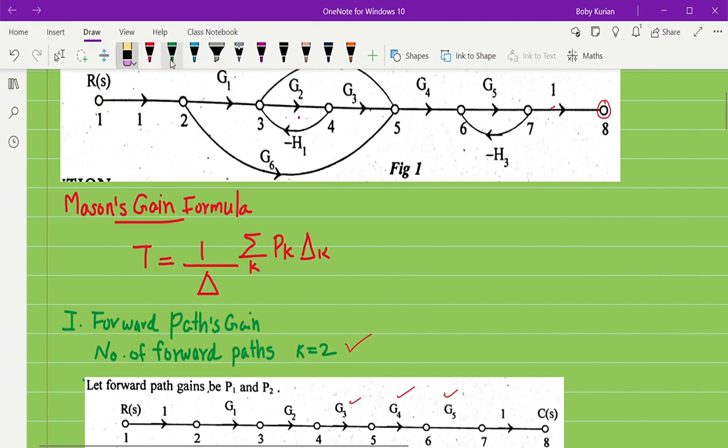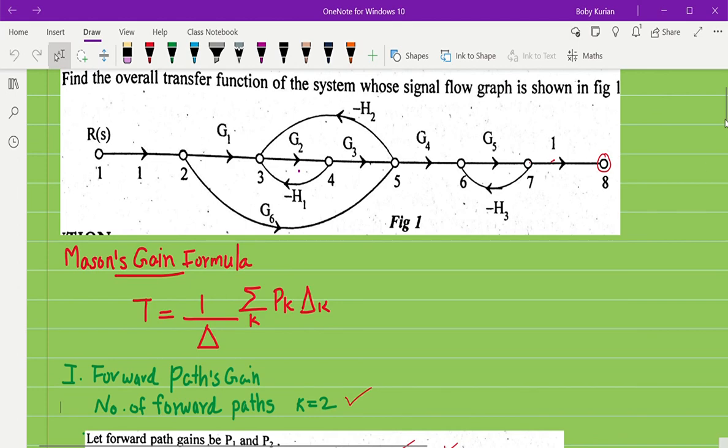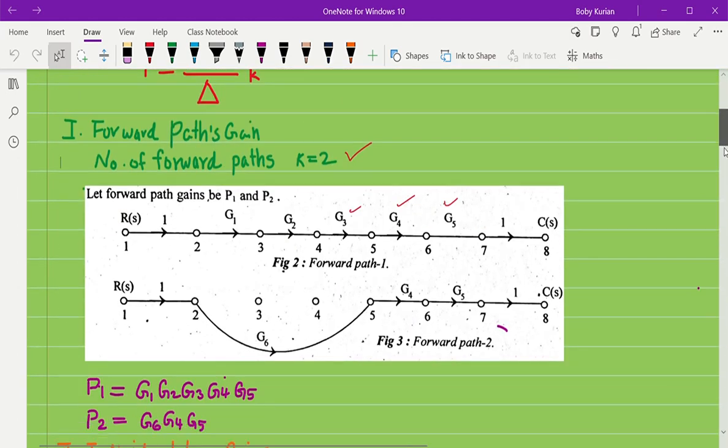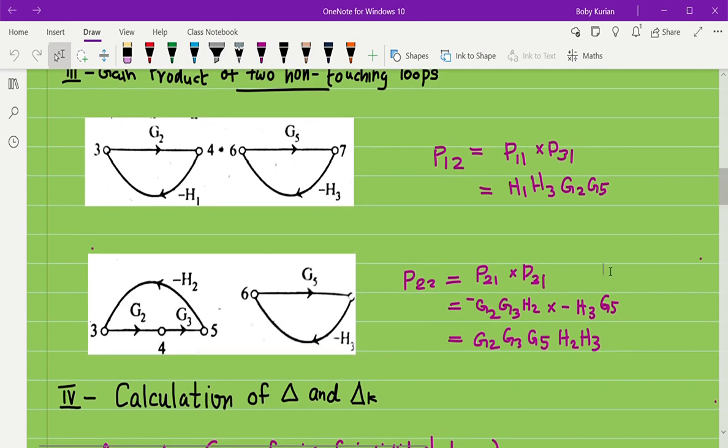But we cannot see any here, because among these three loops, two of the loops touch each other. So there are only two non-touching loops. Now we can find the gain products of these two non-touching loops. This is the first pair of non-touching loops here.